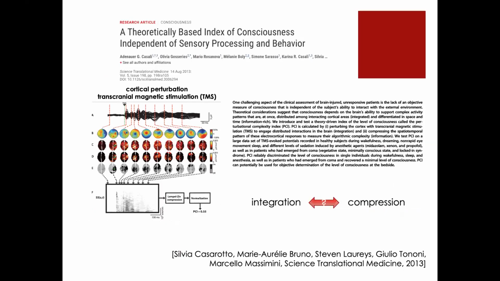So there's another example here. This is even more interesting because this was published in a very important journal, Science Translational Medicine, which is a sub-journal of Science, and they were proposing a measure of integrated information for consciousness.